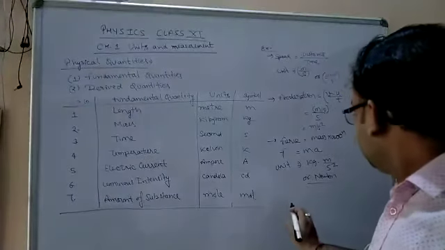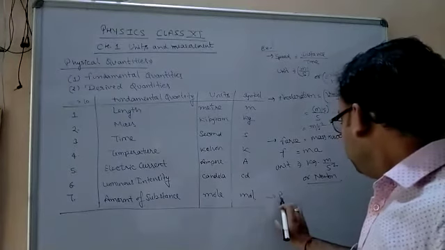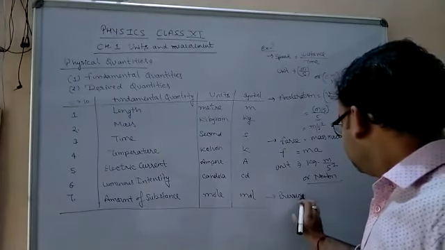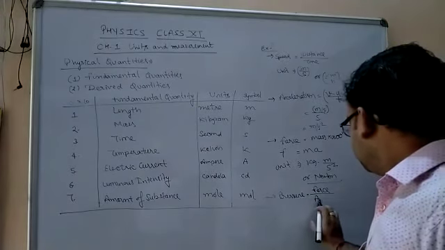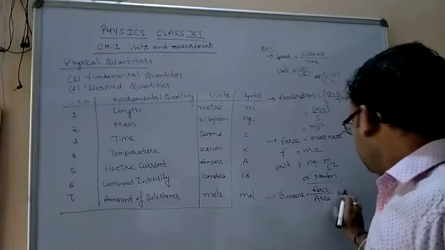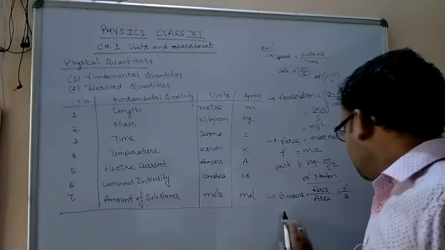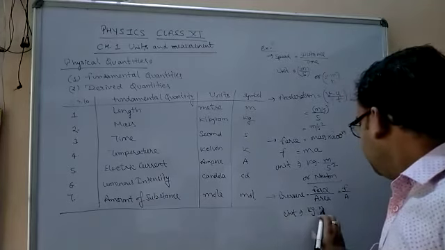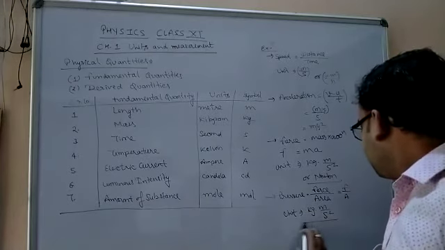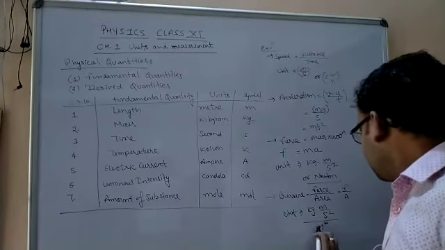We can take another example, pressure. The formula of pressure is force upon area, that is F upon A, and its unit is force unit kilogram into meter per second square upon area is meter square.